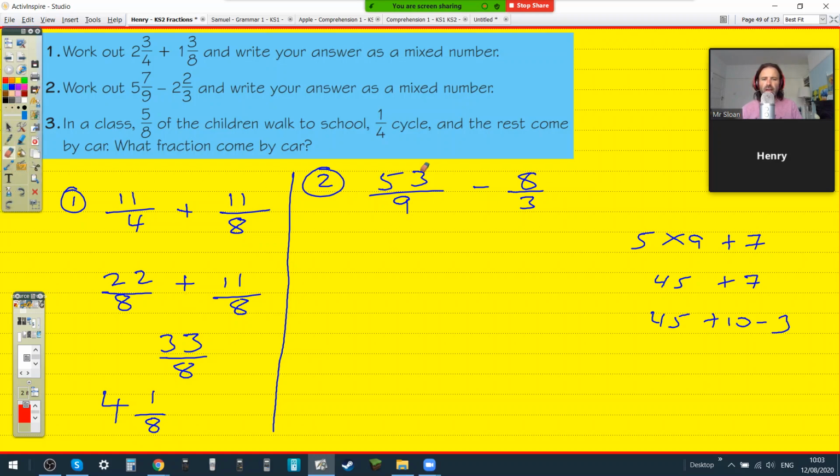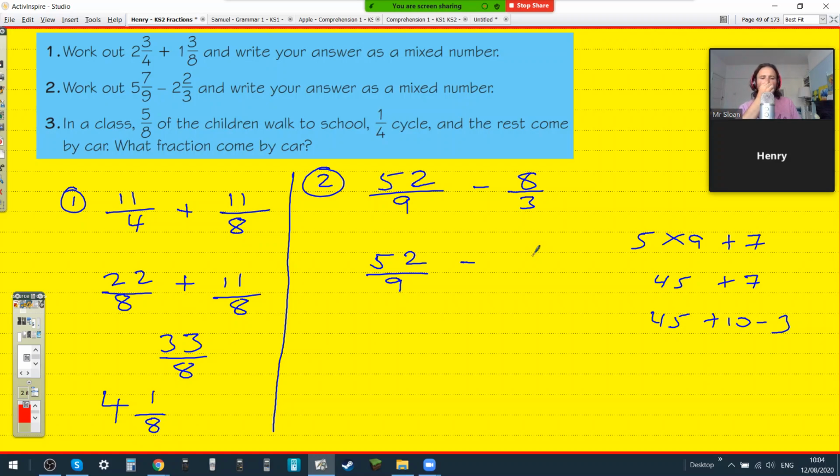Okay. And then I have to find the common denominator, which is 9. So I can keep 52 over 9 the same, and then for 8 thirds, I have to times 3 by 3 to make 9, and then 8 times 3 is 24.